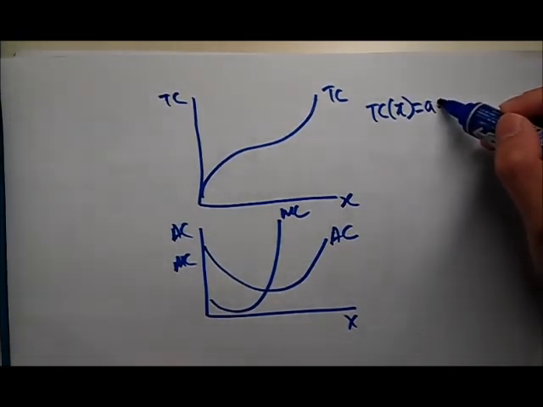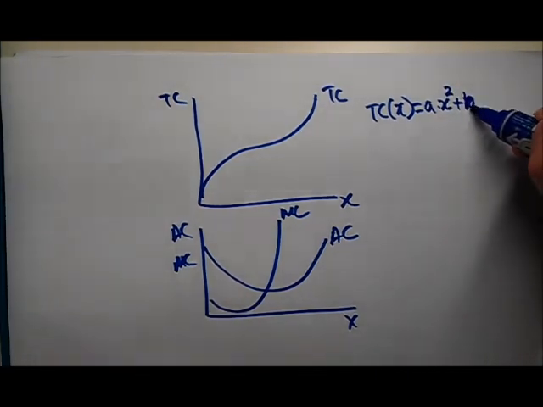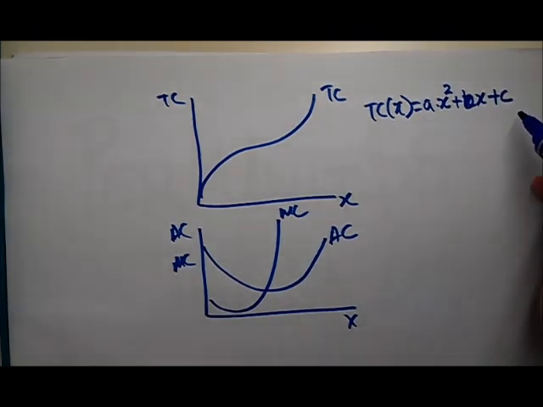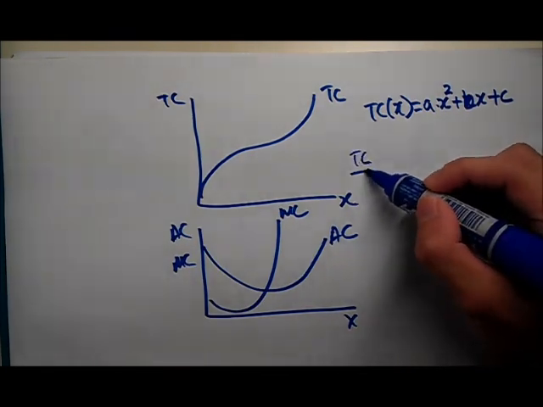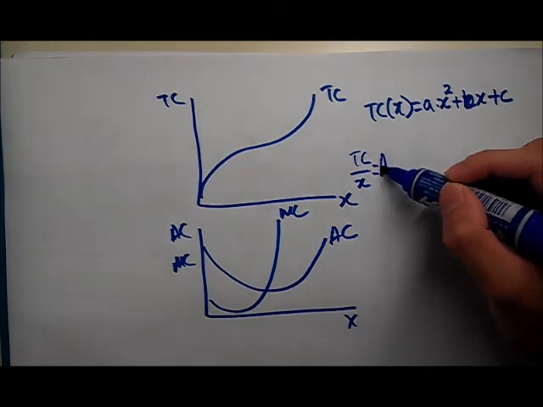We'll have a multiplied by x squared, plus bx, plus c, where a, b, c are constants. When we divide total cost by x, what we get is average cost.